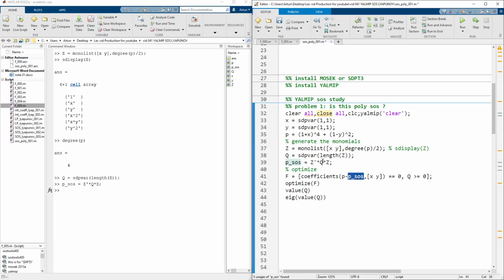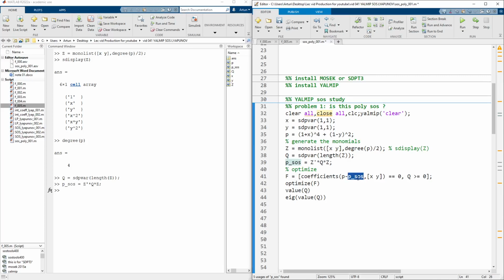It has Q terms that we want to find. Okay, right, and we want to find P SOS.